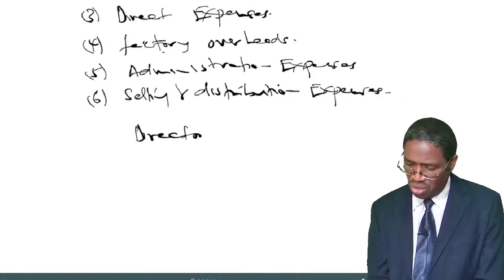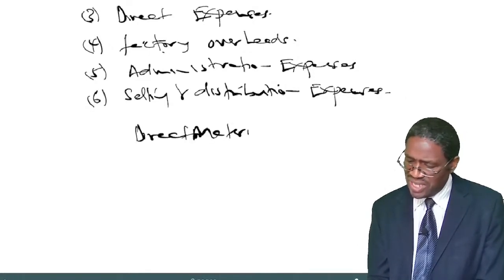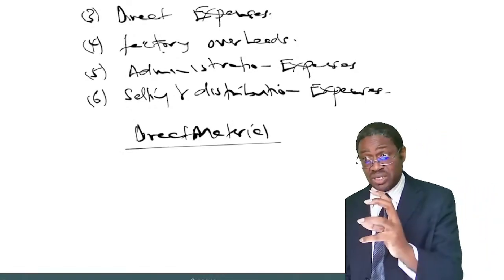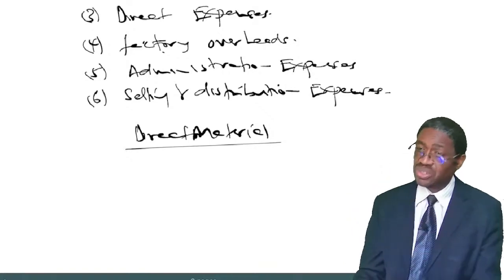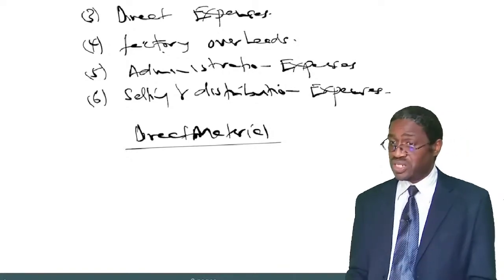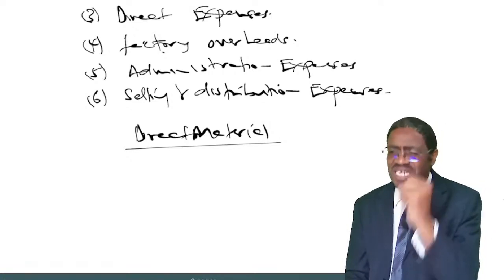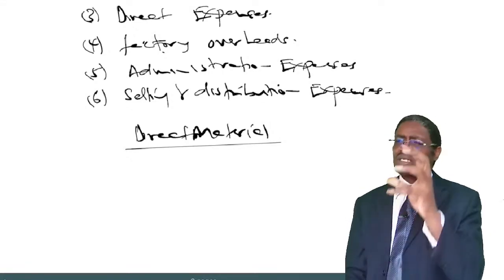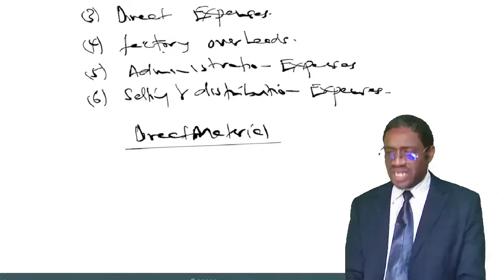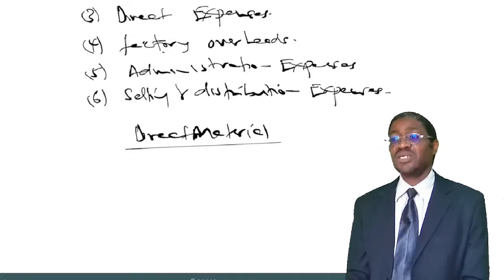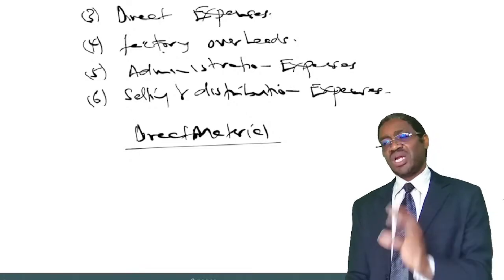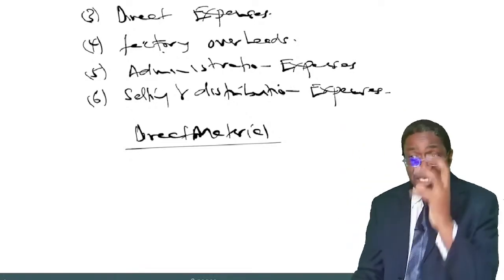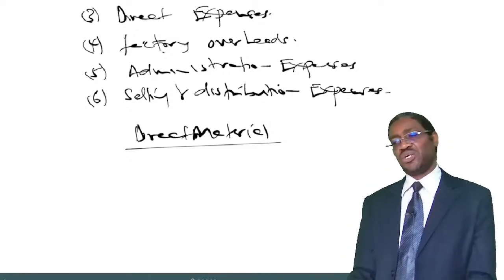We can start by saying direct materials are those materials that are used directly in the manufacture of a product. Any materials that are used directly in the manufacture of a product, that kind of material, we classify as a direct material.